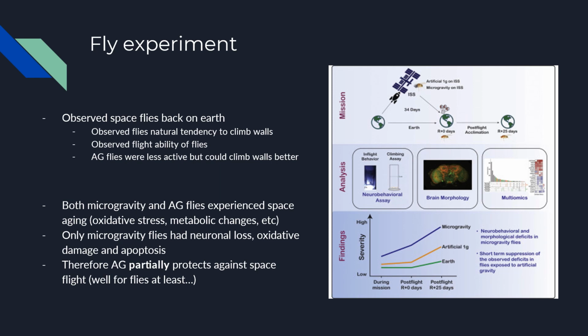They did some neurological tests and determined that the AG flies had less neurological damage than the flies that were not in the centrifuge, but since both flies had some sort of damage due to space travel, they concluded that the artificial gravity at least partially protected them. This isn't necessarily the case for humans, which have a very different biological makeup, of course.